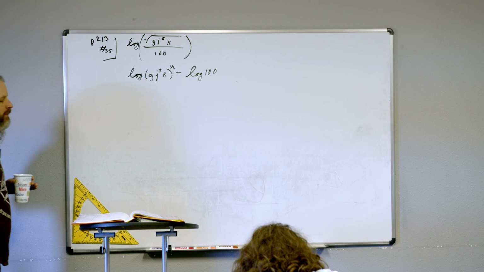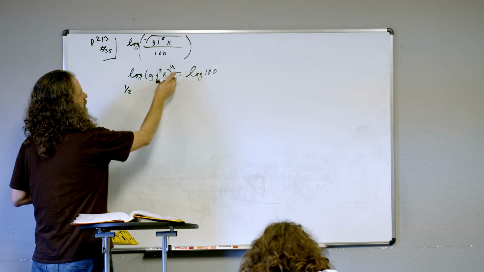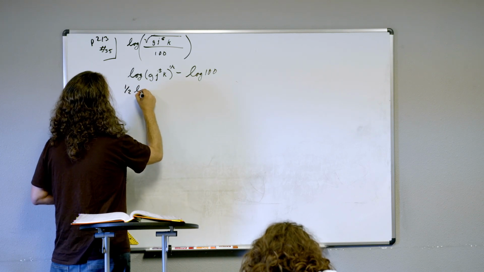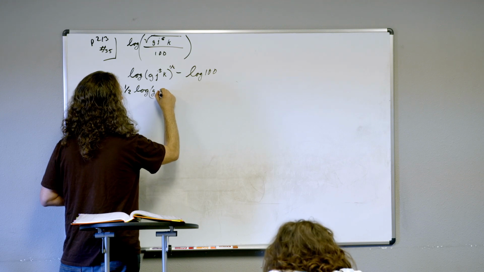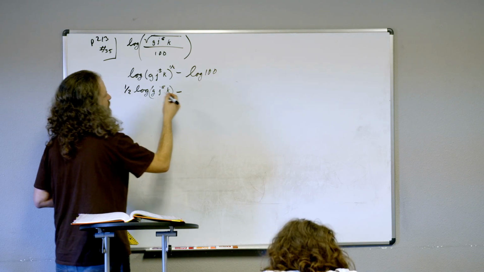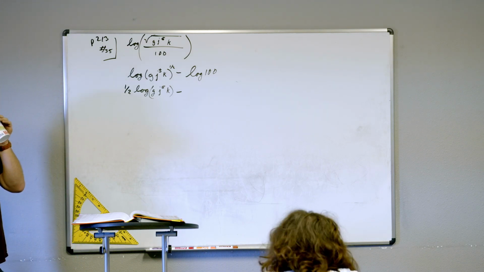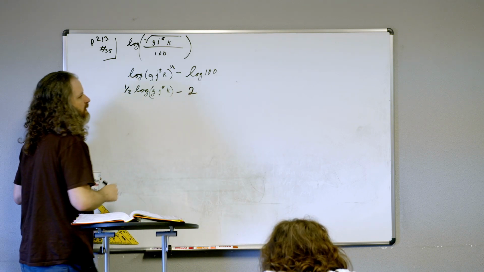Yes, that's the thing that you were making a mistake on in the homework. You have to do that first and then this one. Okay, so the log of g times j to the 5th times k minus, what's the log of 100? It is 2, because 10 squared is 100.